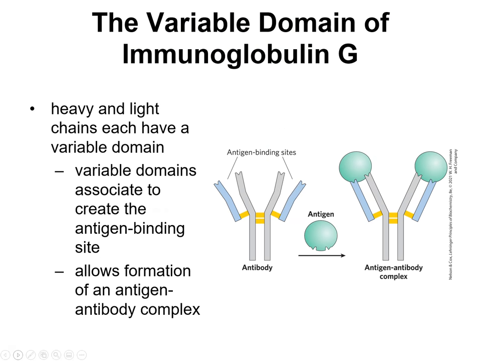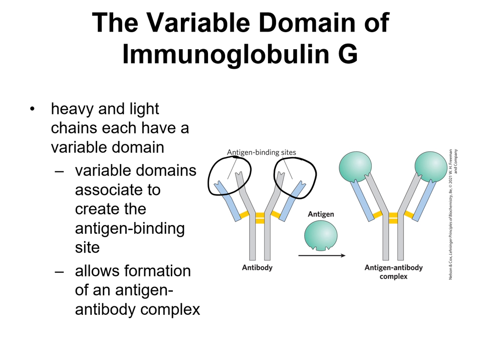So this is a cartoon of what IgG looks like. Up top, you have your antigen binding sites. So there's one here and one here. And each of those sites is unique. That allows you to recognize a whole host of different antigens. They form a really tight complex with an antigen.